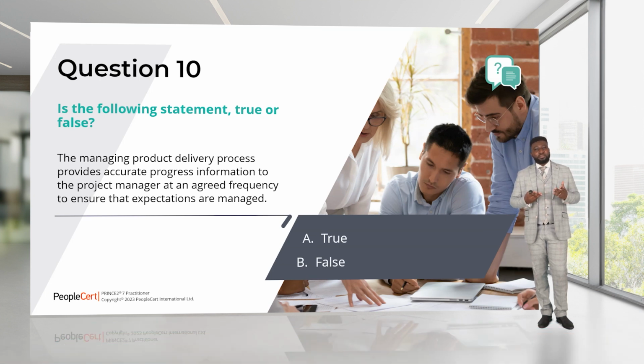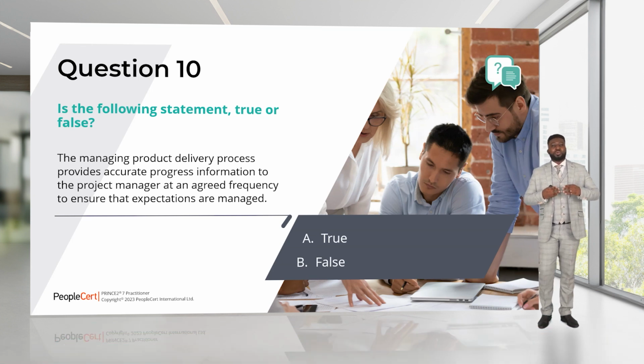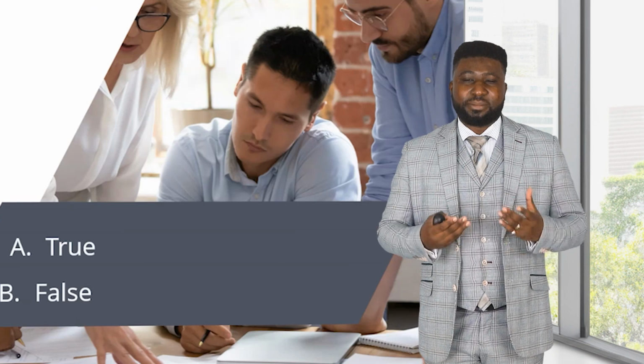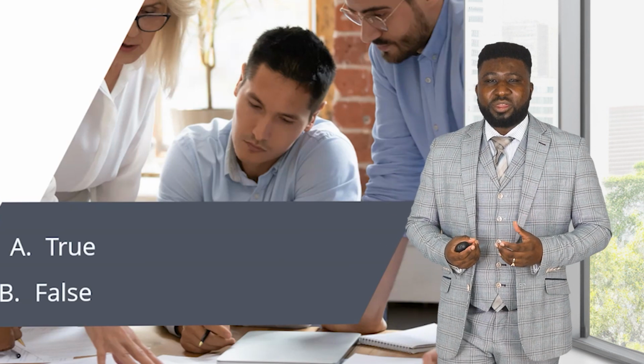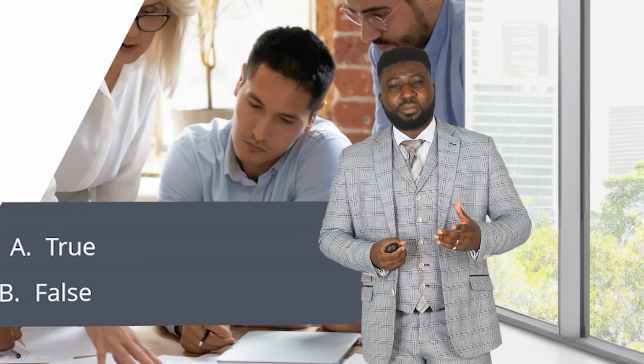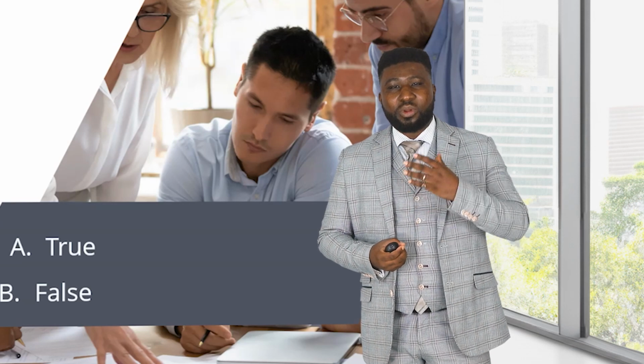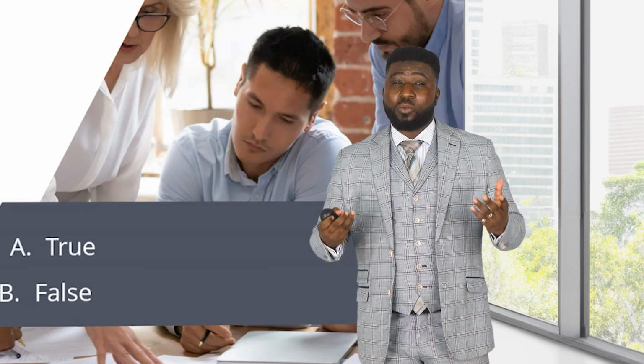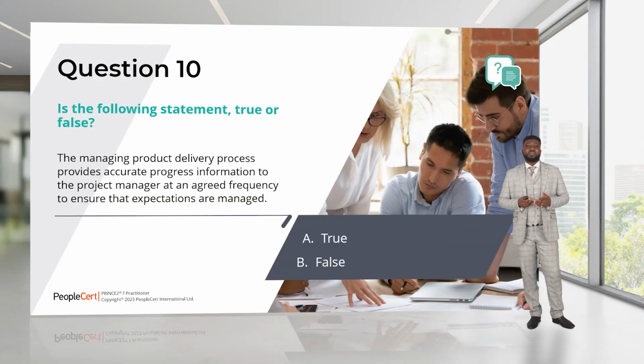Now let's look at this. When the project manager authorizes a work package and basically gives it to the team manager and the team manager accepts it, within the work package itself, there will be some controls about how the team manager will inform the project manager about what is going on. That is done in the form of what we call a checkpoint report.